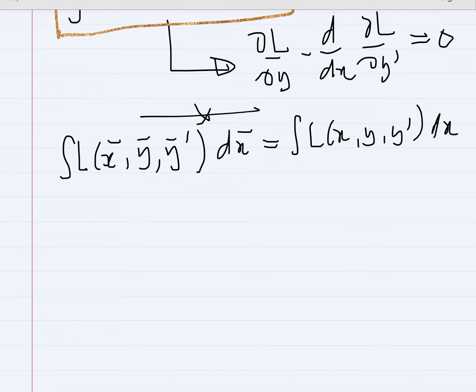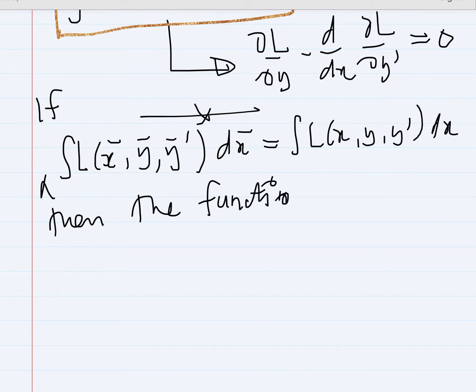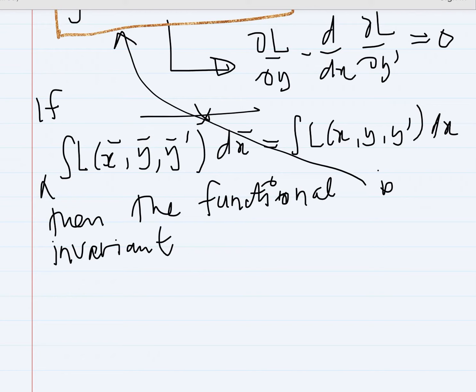So if this is satisfied, then the functional, that's the integral that I have put in a block above, is invariant under this one parameter Lie group of transformation, which I've defined here.